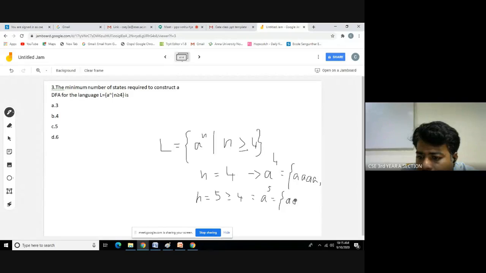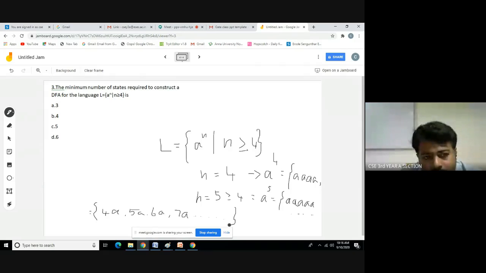Like that, you can generate strings for the given language according to the value of n, up to infinity. For simple understanding, the strings generated for the given language are 4 a's, 5 a's, 6 a's, 7 a's, and so on.